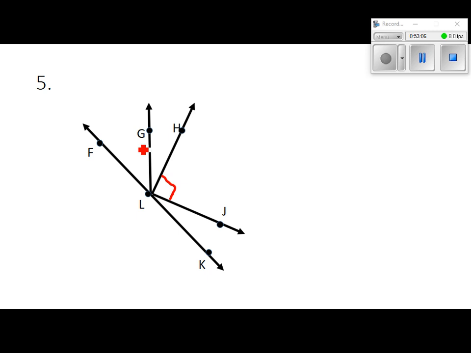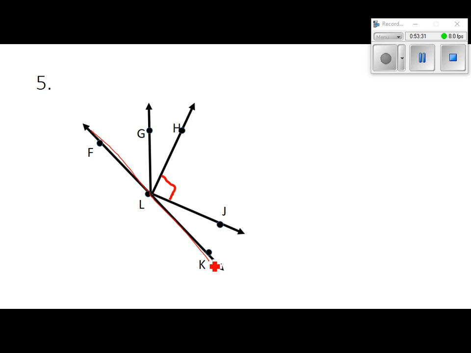Number 5, they give you a picture, it looks something like this. On the directions, they say ray LF and ray LK are opposite rays. So what do we know about that? They form, how much is this whole thing right here? 180.